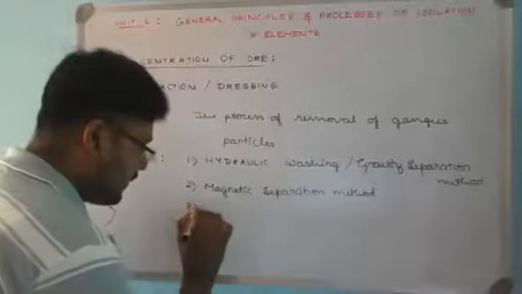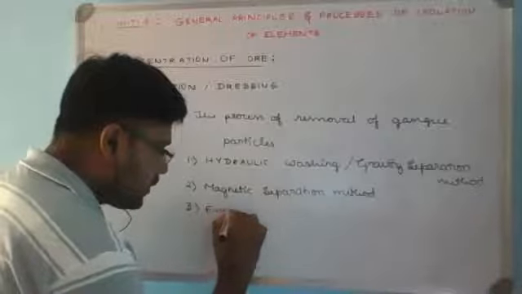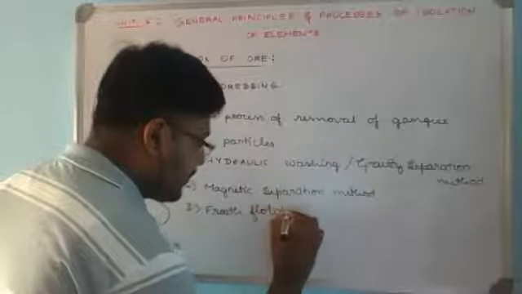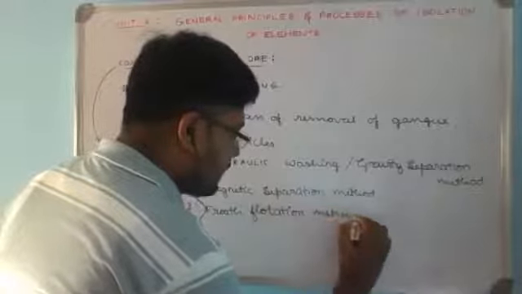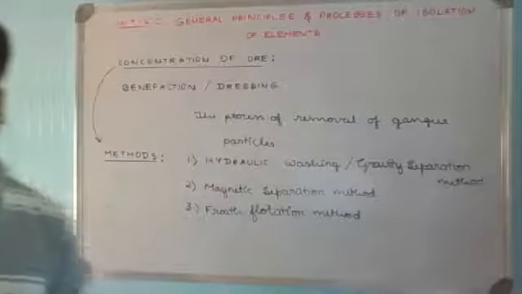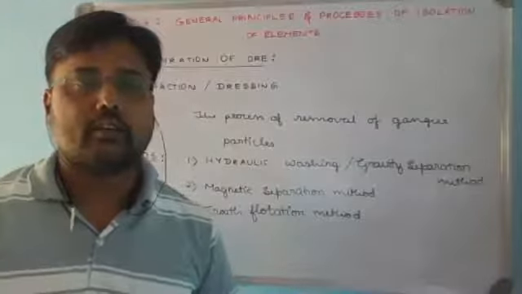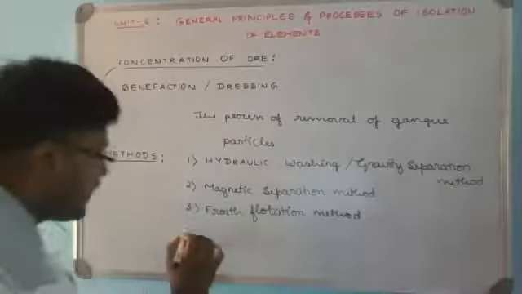Then the third one, which is a very important method, is the froth flotation method. This method is most useful only for concentrating sulfide ores. Sulfide ores are concentrated by the froth flotation technique.